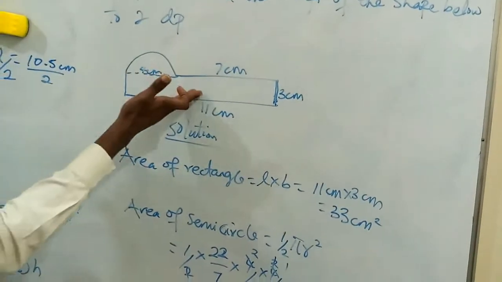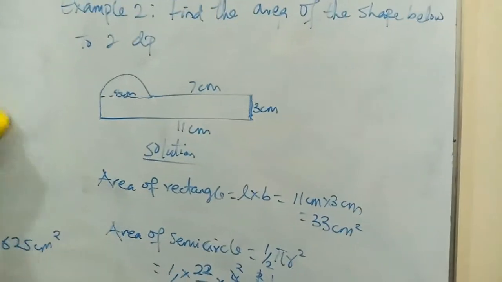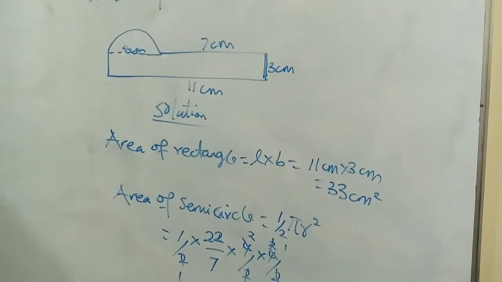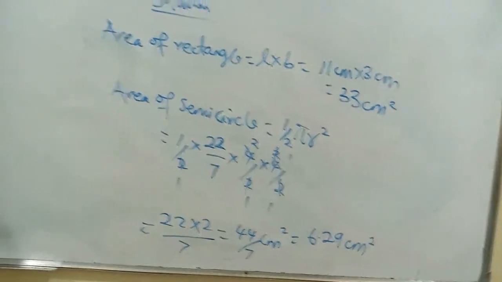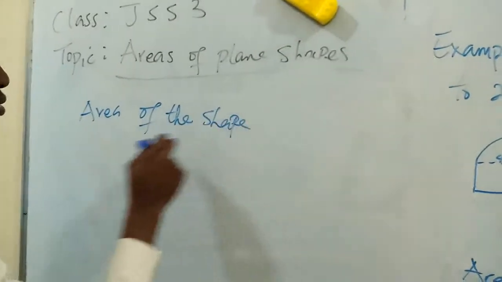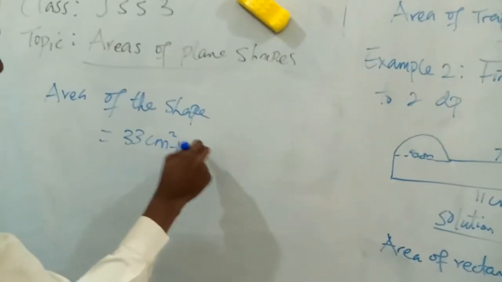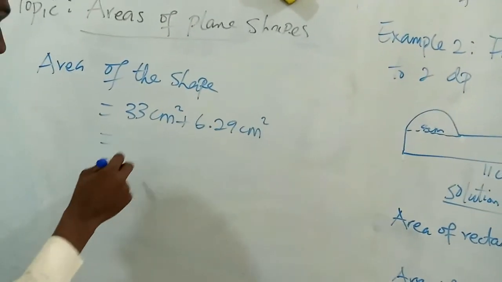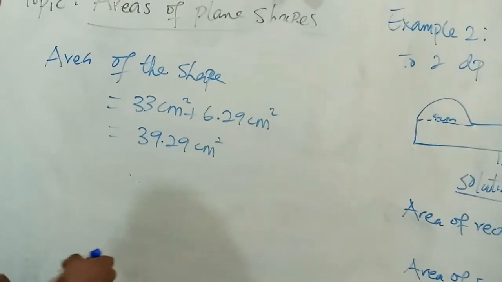So, we say 33 cm squared plus 6.29 cm squared. If we add together, we get 39.29 cm squared. That's our area of the shape.